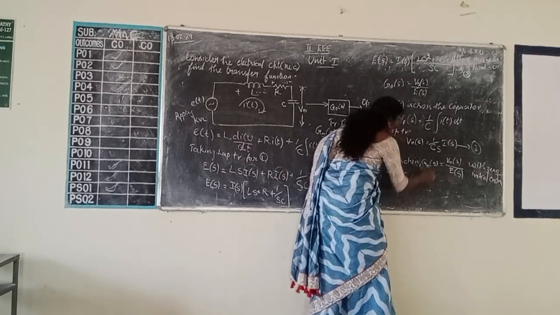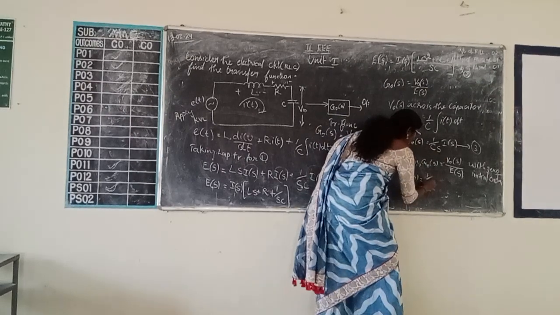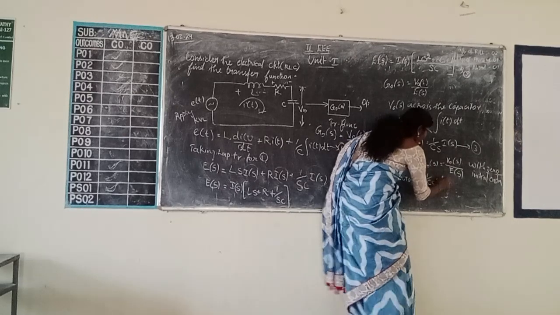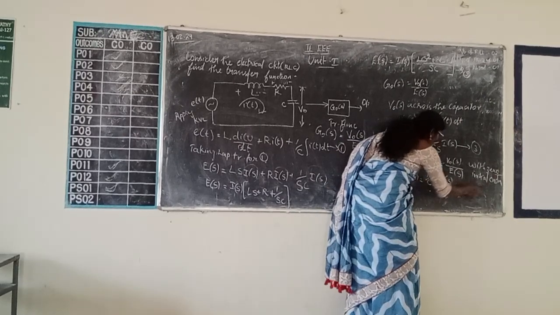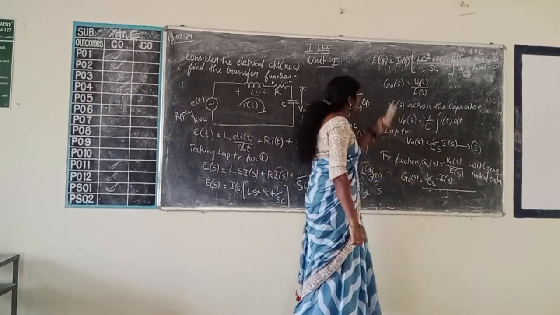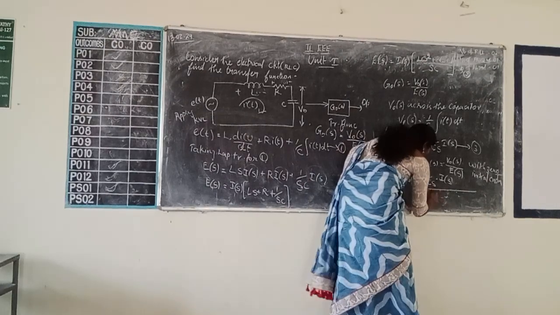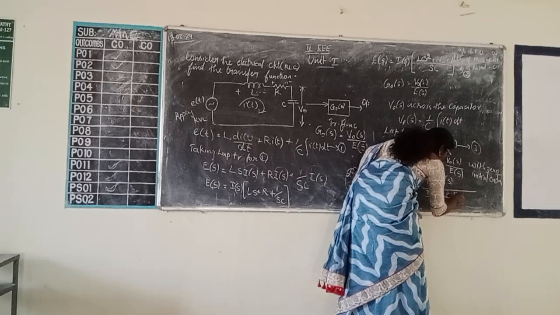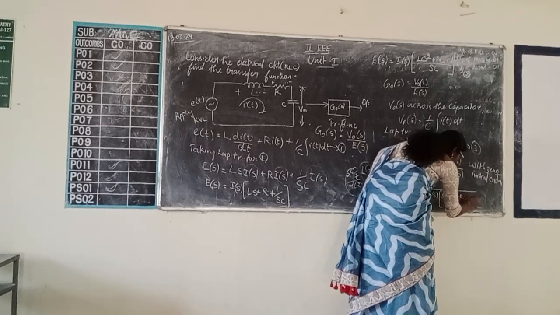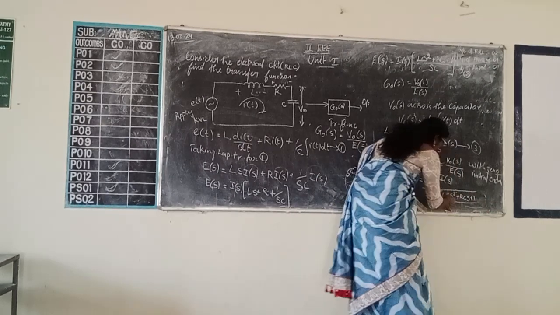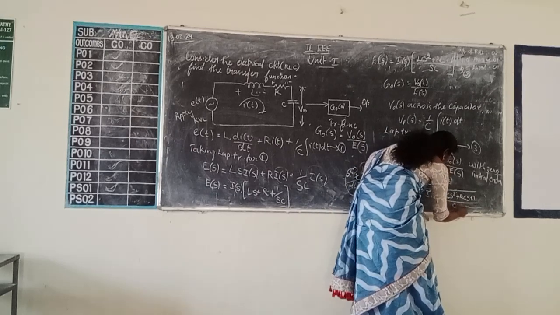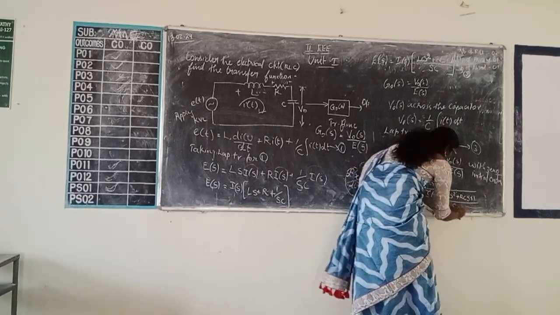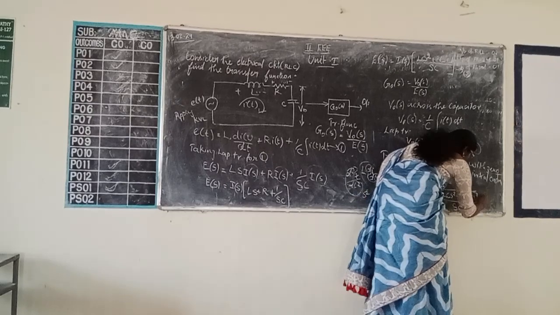And now, what is your V naught of S? V naught of S is equal to 1 by Cs into I of S, divided by I of S into (LCs square plus RCs plus 1) divided by Cs.